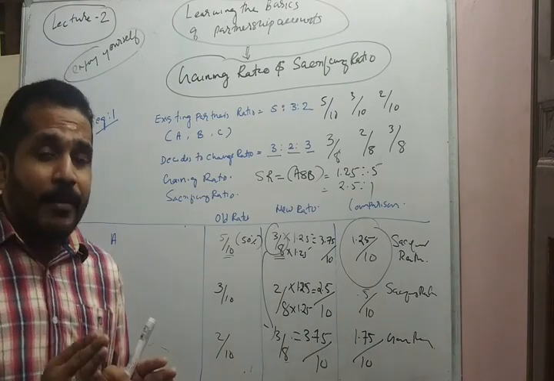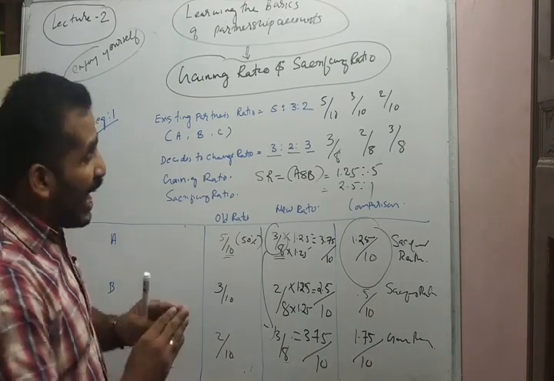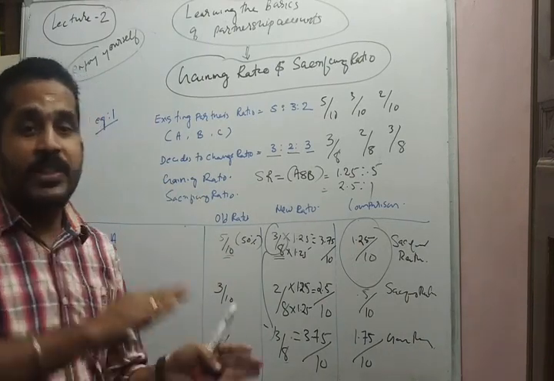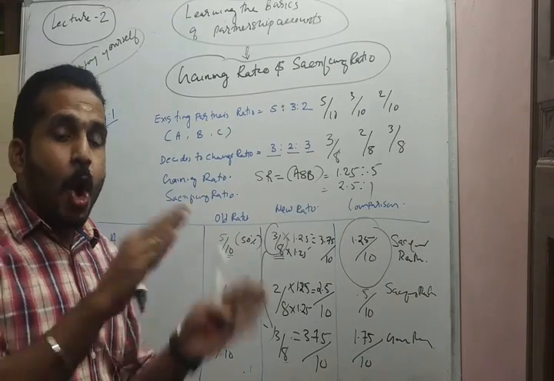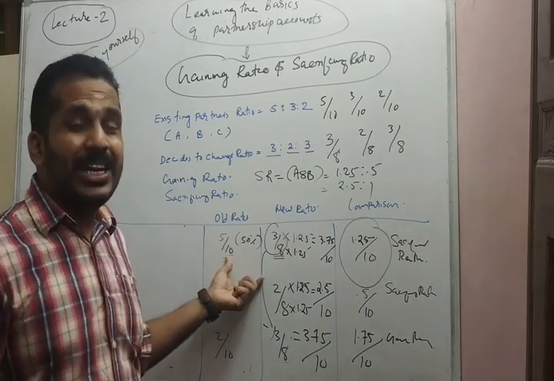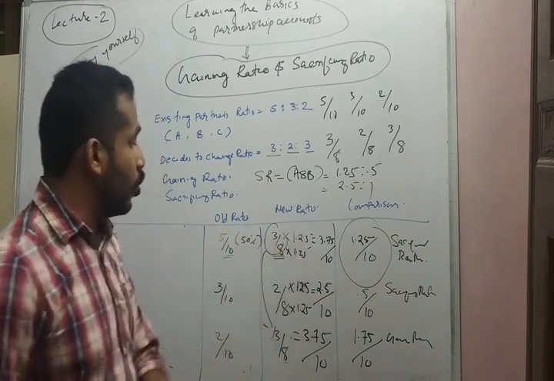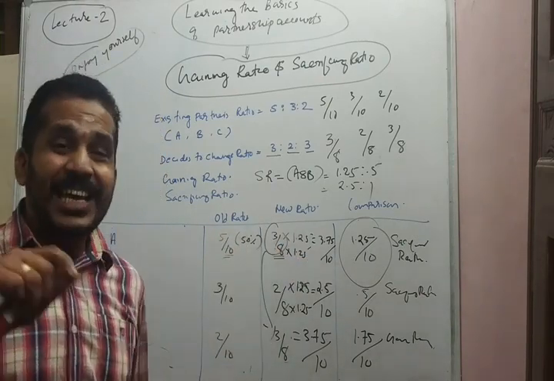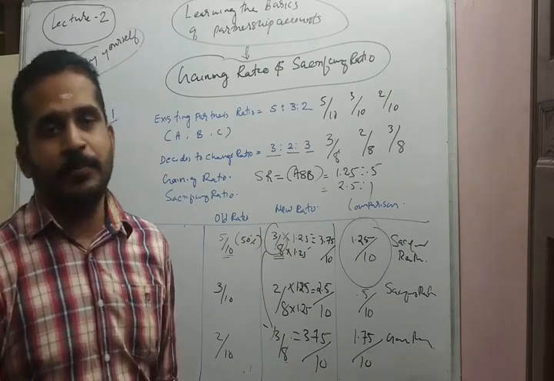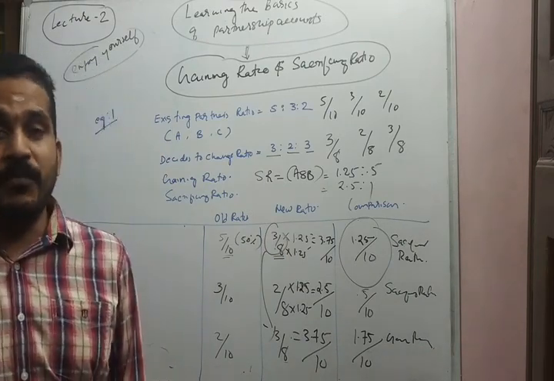So in order to understand the concept, we have compared the old ratio with the new ratio. If the old ratio is higher than the new ratio, then that partner has sacrificed his share in the future profits.